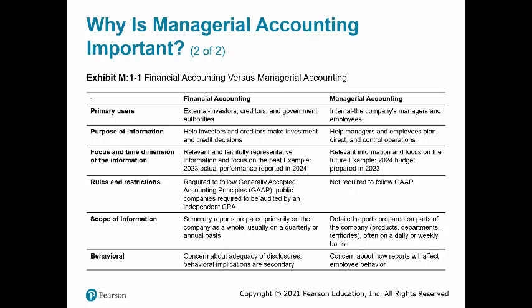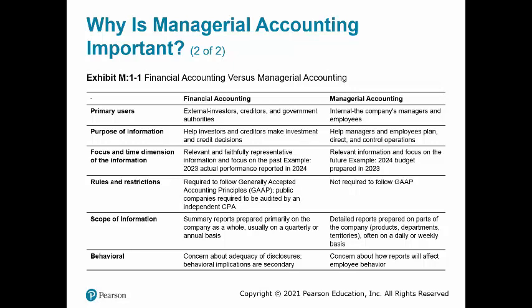Managerial accounting is only going to be used by the company's managers and their employees, so those that are inside or internal to the company. The purposes of the financial information is to help those external users to make investment and credit decisions, whereas managerial accounting is what managers use to be able to plan, direct, and control their organization.